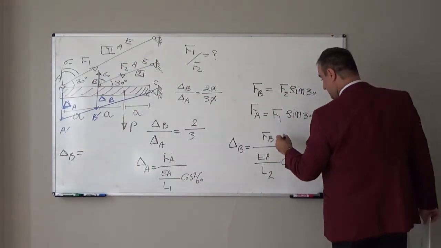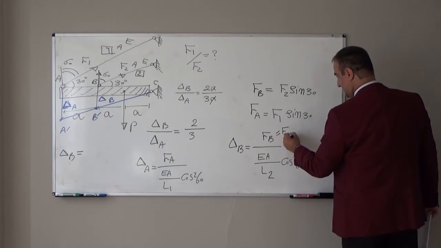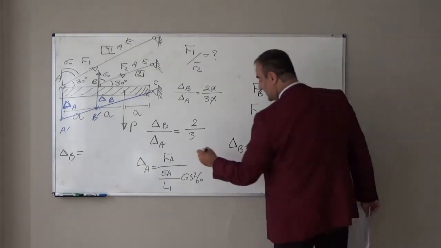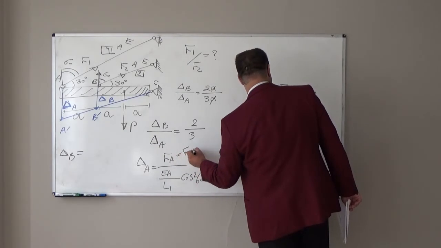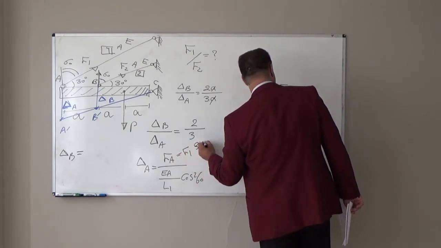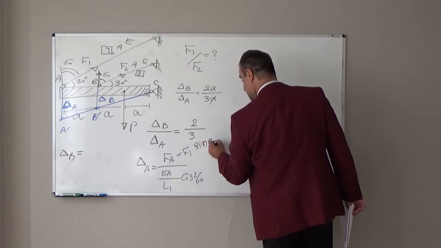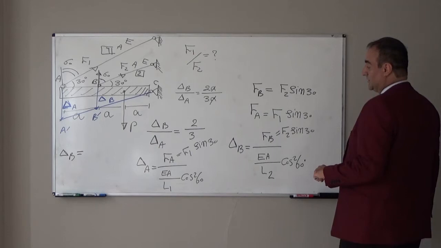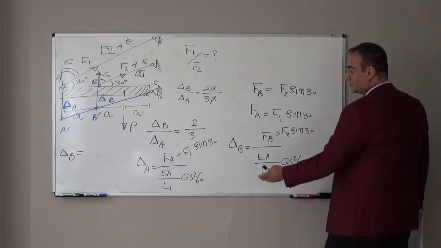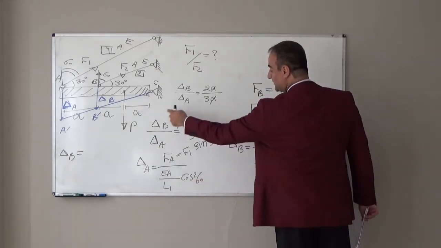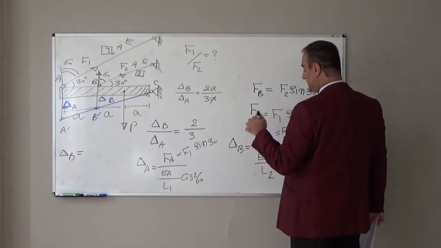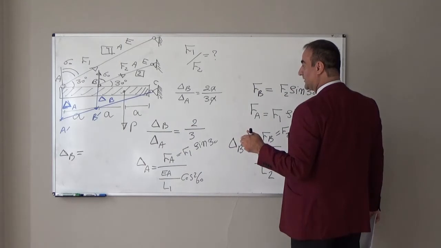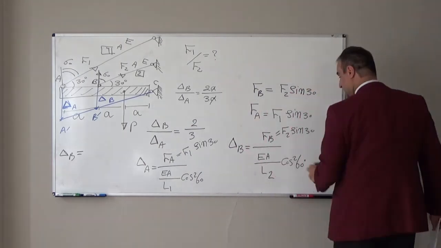Now instead of FB you can plug F2 sine 30. Instead of FA you can plug F1 sine 30. So you have FA, FB, L2, L1, you can plug in, and a lot of terms will cancel each other, and finally you can find the ratio F1 over F2.